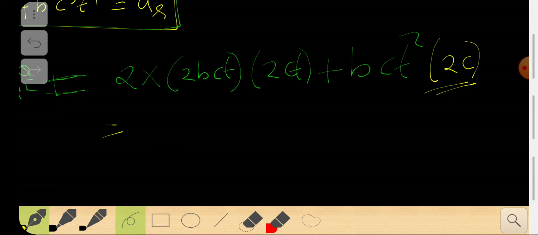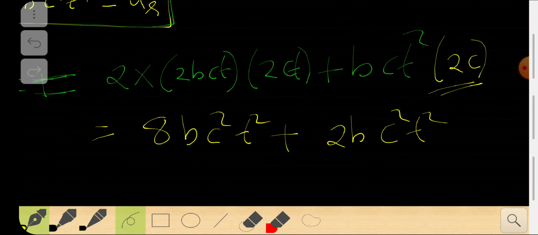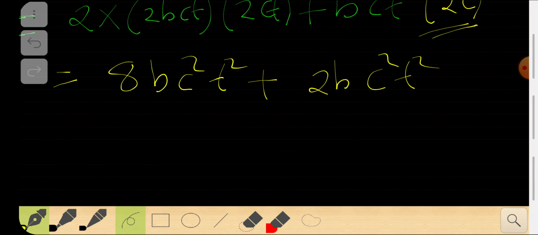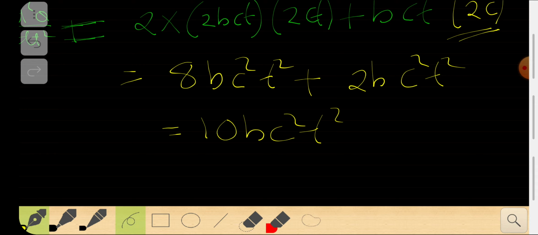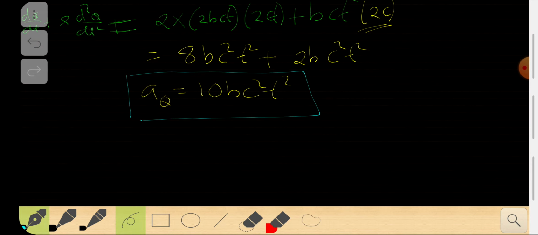So what you get is 8b c square t square plus 2b c square t square, which is 10 b c square t square. So that is equal to a theta. I'm going to put that in a box as well, because I need it.